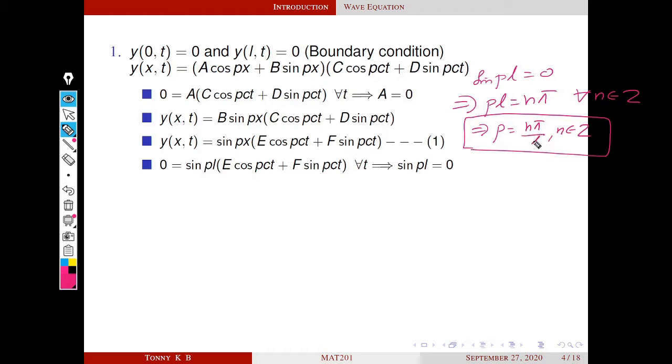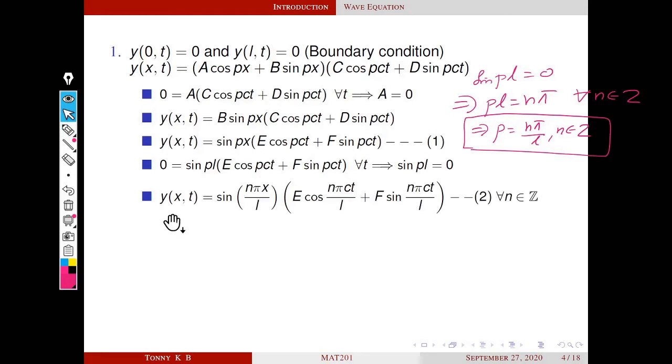Substituting p equal to n pi by L in equation number 1, we get y(x,t) = sin(n pi x by L) (e cos(n pi ct by L) + f sin(n pi ct by L)). This is true for every integer n. So equation 2 is not a single solution, it is a collection of solutions, because whatever be the value of n, this gives a solution.